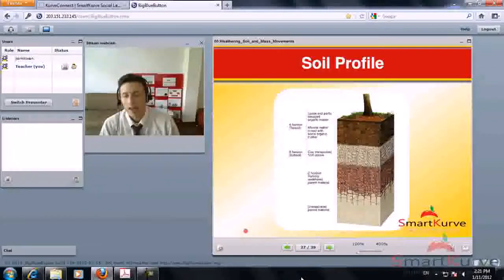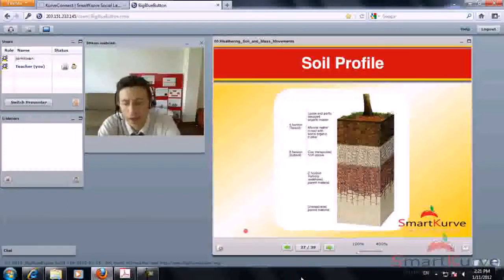So the topsoil is going to be where you have the decayed organic matter, the mineral matter. That's going to be the richest soil. That B level, the gray area, you're going to have a lot of clay. And then C, there's going to be partly weathered parent material, like the bedrock that's becoming weathered, that's becoming broken apart.